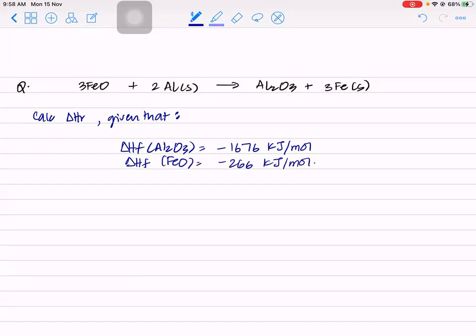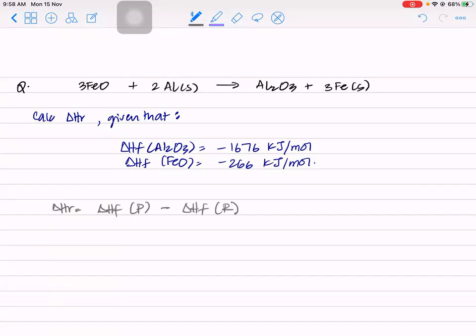First thing, how will we calculate delta H using formation? Delta H is equal to formation of products minus formation of reactants. So delta HR is equal to formation of products minus formation of reactants.